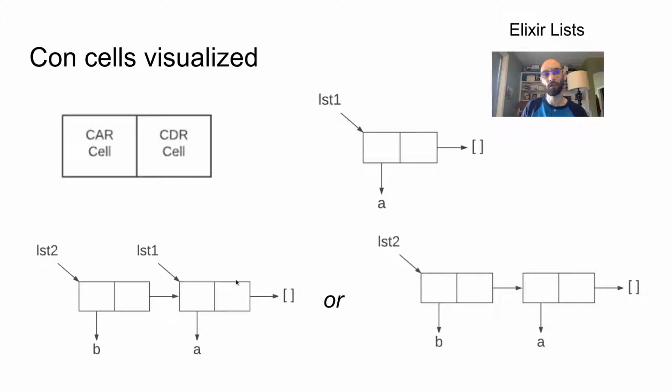And then finally, the cdr of that second cons cell, the original cons cell, is pointing to an empty list.